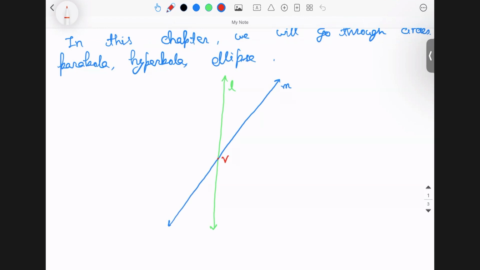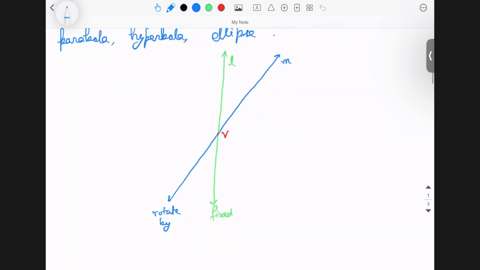Now I am saying that keeping this point and this straight line fixed, rotate this blue line by how much? 180 degrees, okay, that is one complete rotation. Then what will we obtain?